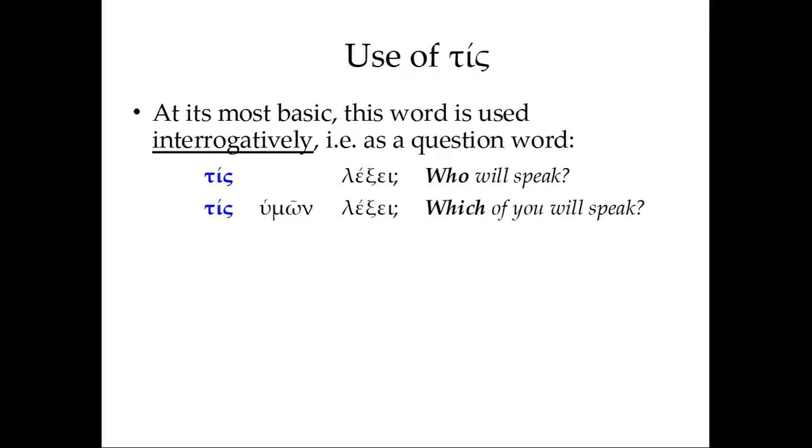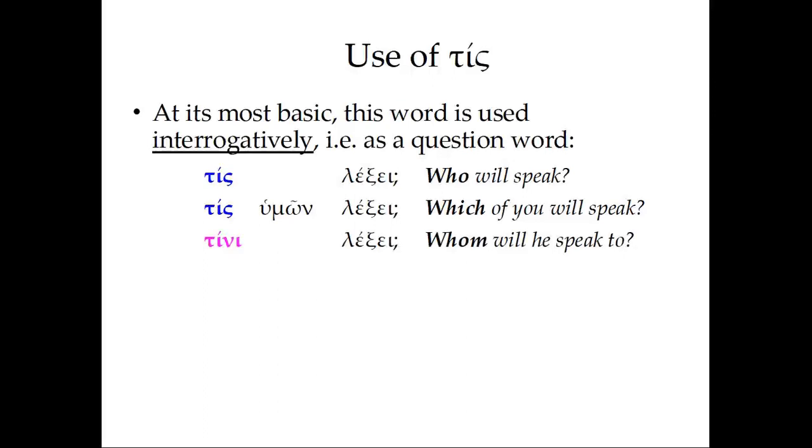We can also say, tis humon lexei, which of you will speak? Literally, who of you, but that's not English idiom, so we would translate this as which of you will speak. Humon is the genitive plural, second person plural personal pronoun, y'all, which of y'all will speak.